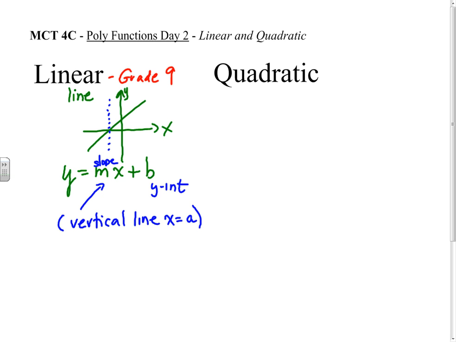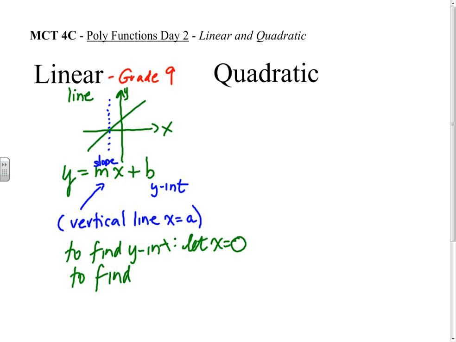We know from grade 9 too, at least visually, to find the y-intercept, we let x equal 0. Conversely, to find x-intercepts, we would let y equal 0.